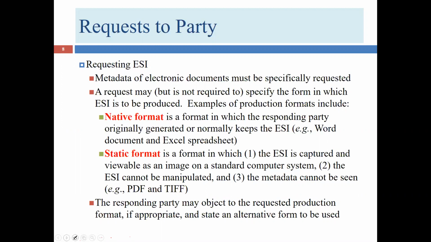On the other hand, it may take a lot of effort to convert from native format to static format, so you might want to consider the expense factor in making those changes as well. Obviously, the responding party can object and say that it's overly burdensome if one format is requested over another format.